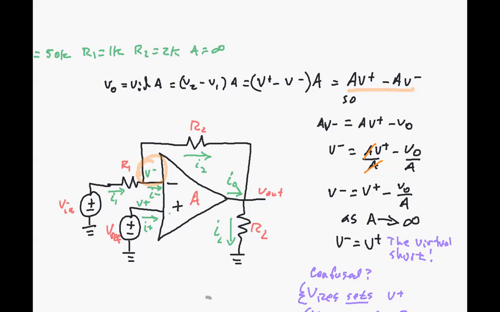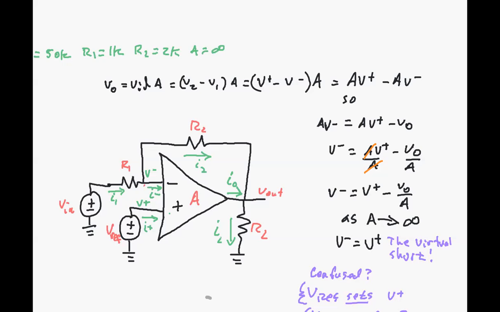V minus would be A times V plus over A, so the two A's cancel, minus V out over A. So the inverting input node is V plus minus V out over A. As A goes to infinity, this node here is simply equal to that node there. That's the virtual short, and I always think you should draw that in.